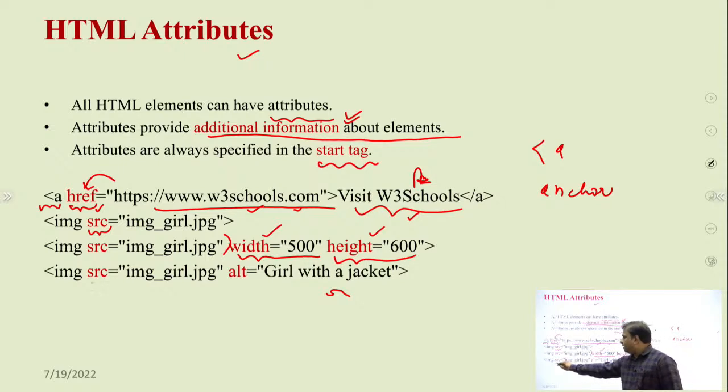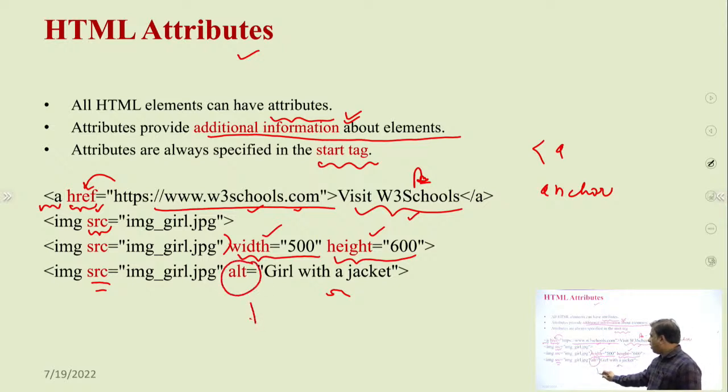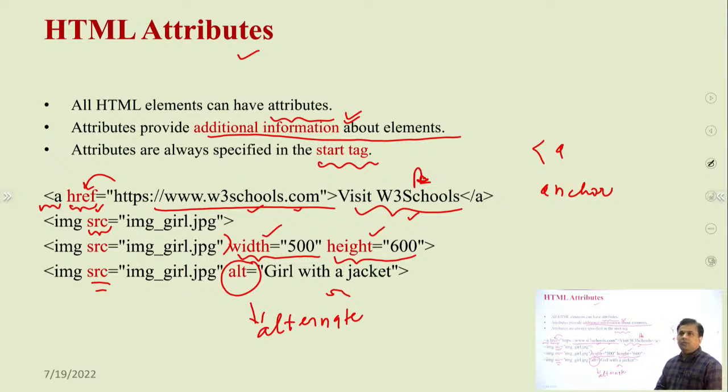Similarly, again the img src, this is my tag, and this is one additional attribute, the alt attribute. Alt means alternate, right. Sometimes we have an image which we want to publish on my page, but due to certain reasons, such as incompatibility of the web browser, the image is not displayed in my web page, right.